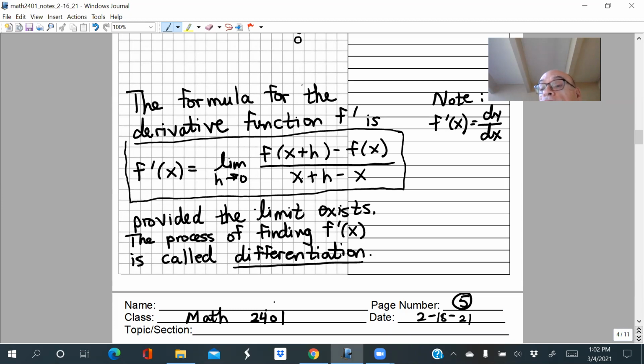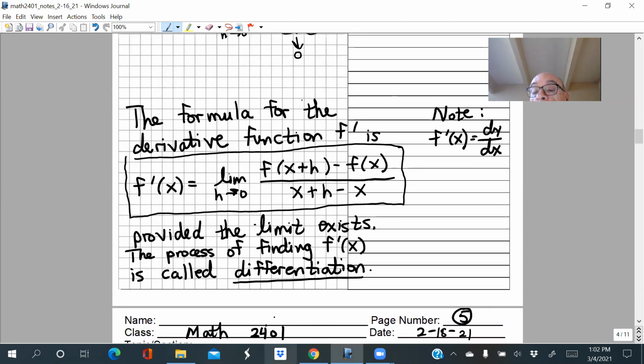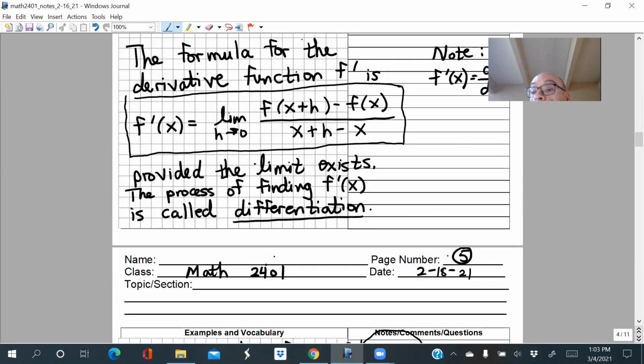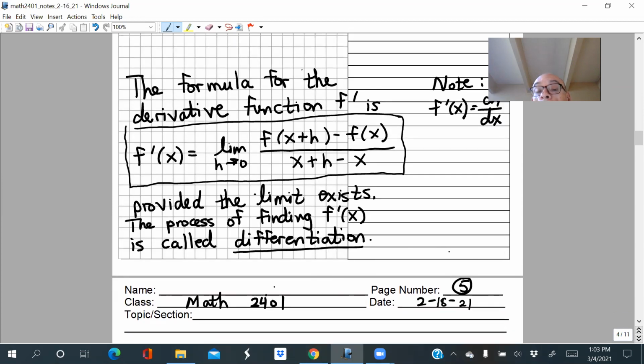That gave us this nice formula that we could use to find instantaneous rates of change at any input. Wow, we just hit a key milestone. This limit is the one we can use to find a formula for computing instantaneous rates of change very quickly.